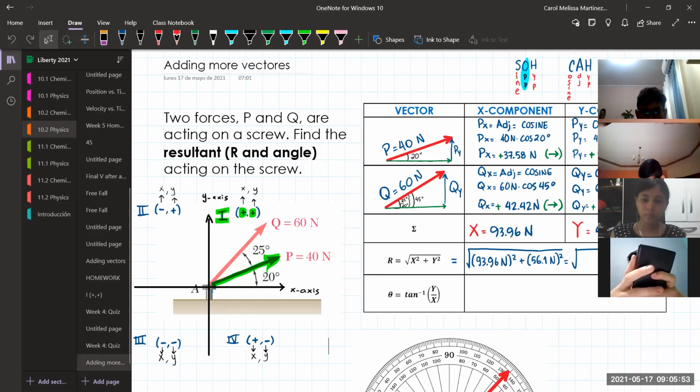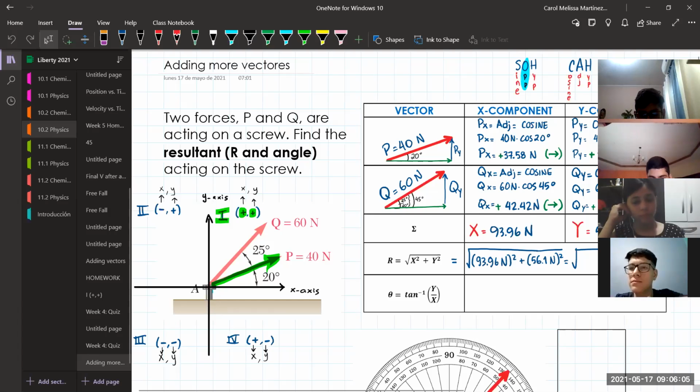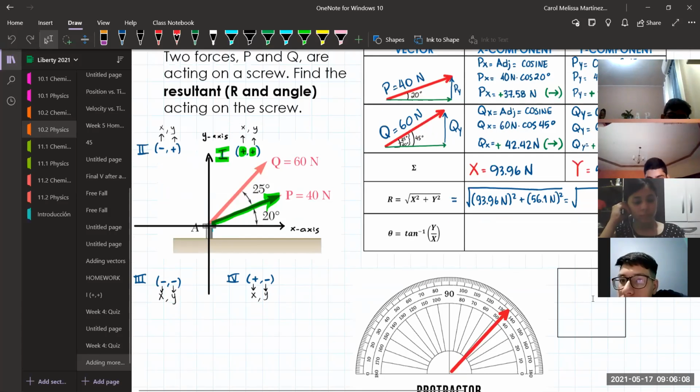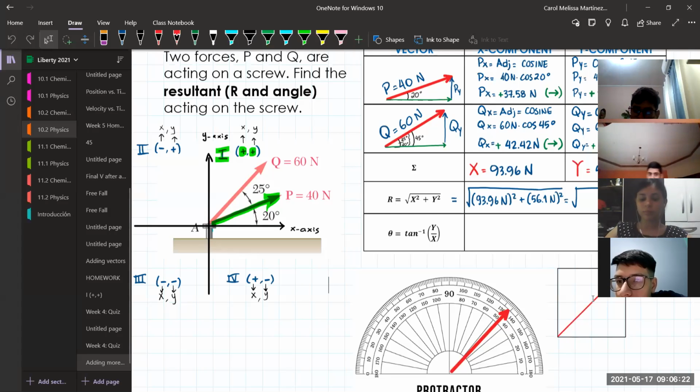The reason is because I have this. Take a look. I just did a box. This is a square, of course, and an angle of 45 represents exactly the half of a 90 degrees angle. Remember that in a square you have 90 degrees angle in each corner.